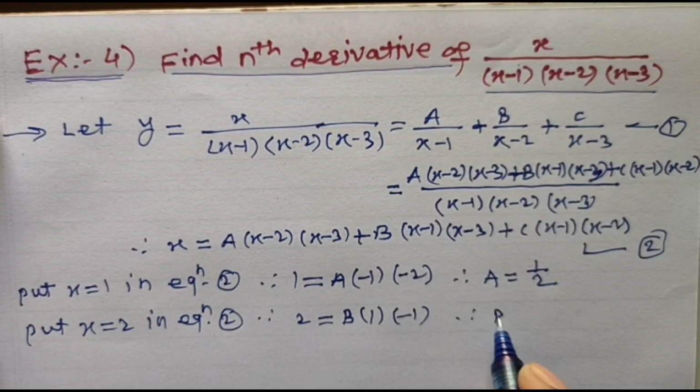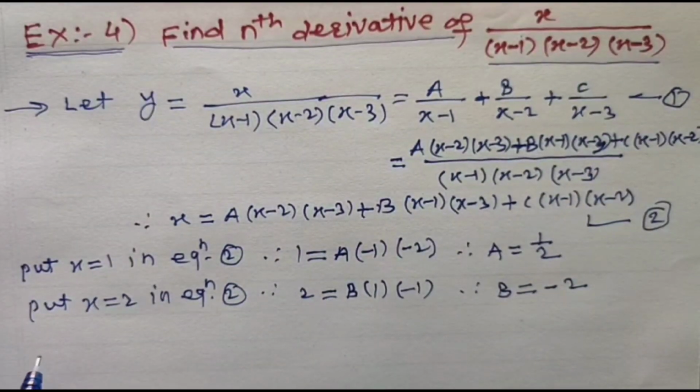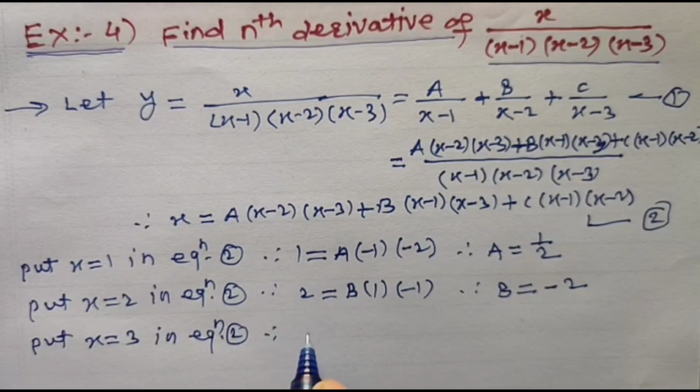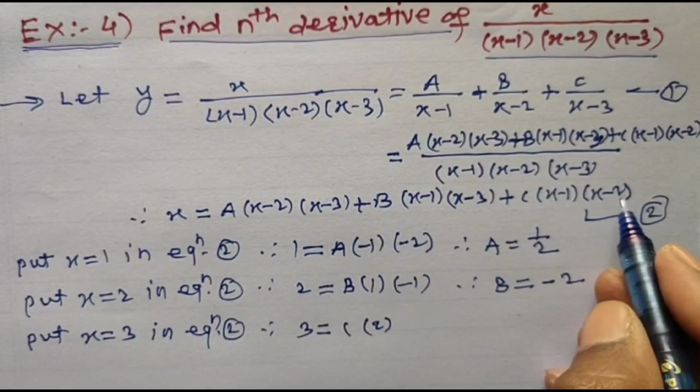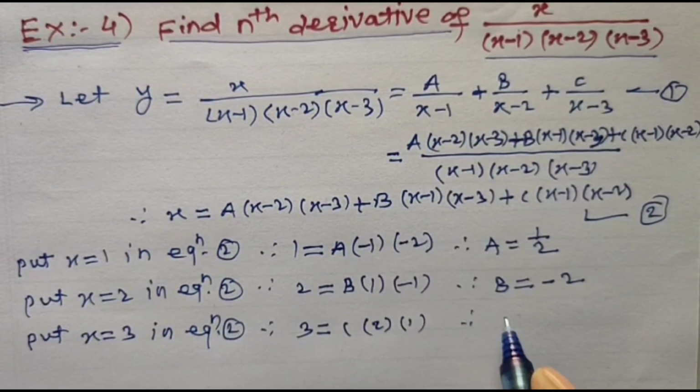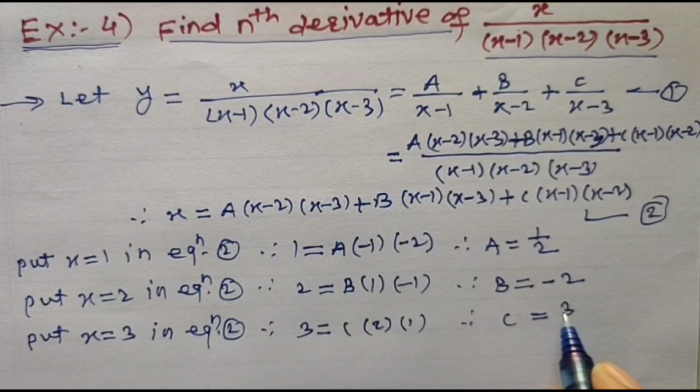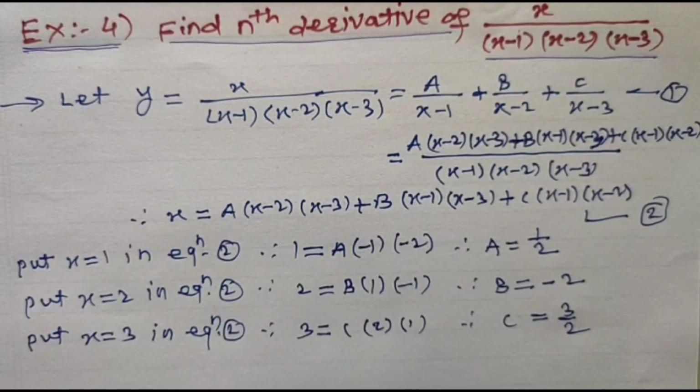Hence b is equal to minus 2. Now put x is equal to 3 in equation number 2. Hence 3 is equal to c into (3 minus 1)(3 minus 2), that is 1. Hence c is equal to 3 upon 2. These are the values of the arbitrary constants.